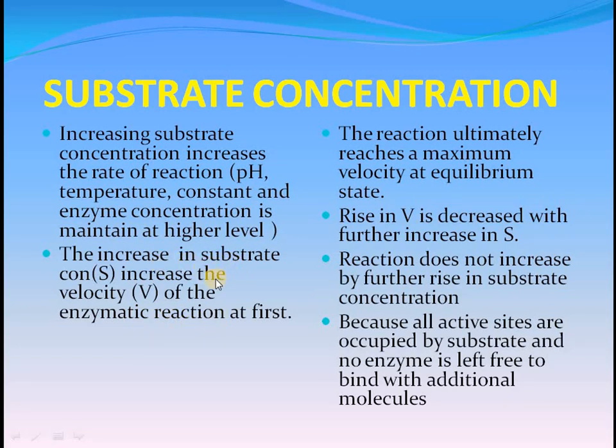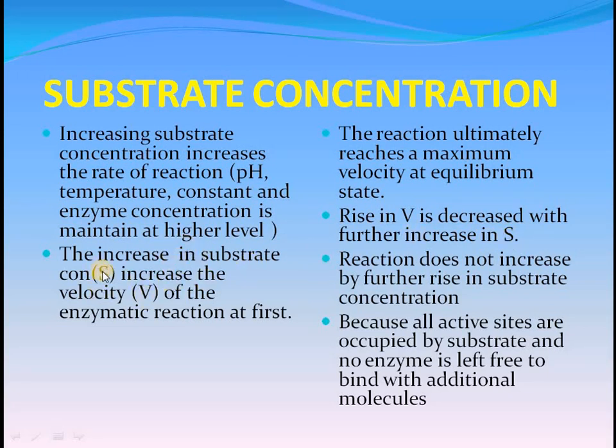When the substrate increases, it will increase the velocity of the enzymatic reaction. The reaction ultimately reaches a maximum velocity at equilibrium state. So the rise in V, meaning velocity, is decreased with further increase in S.